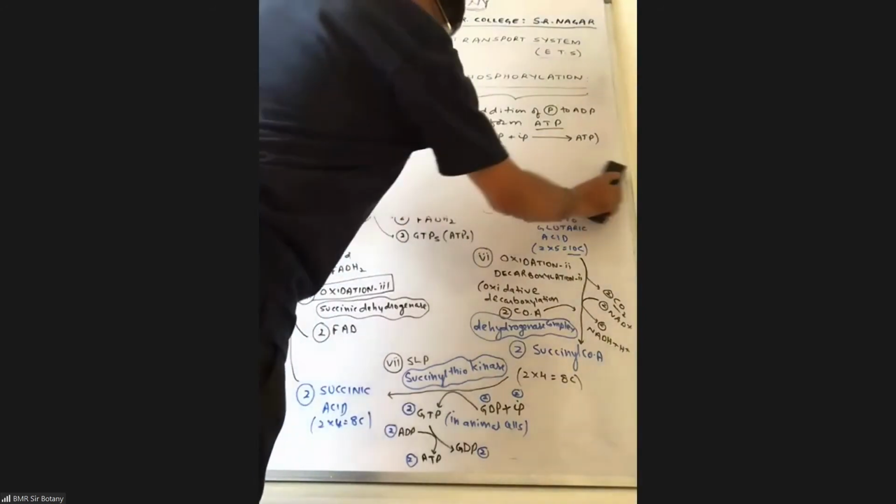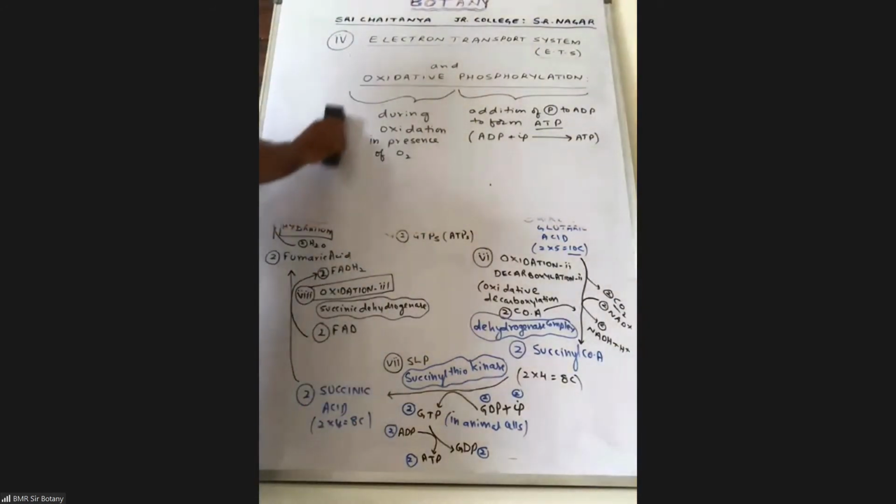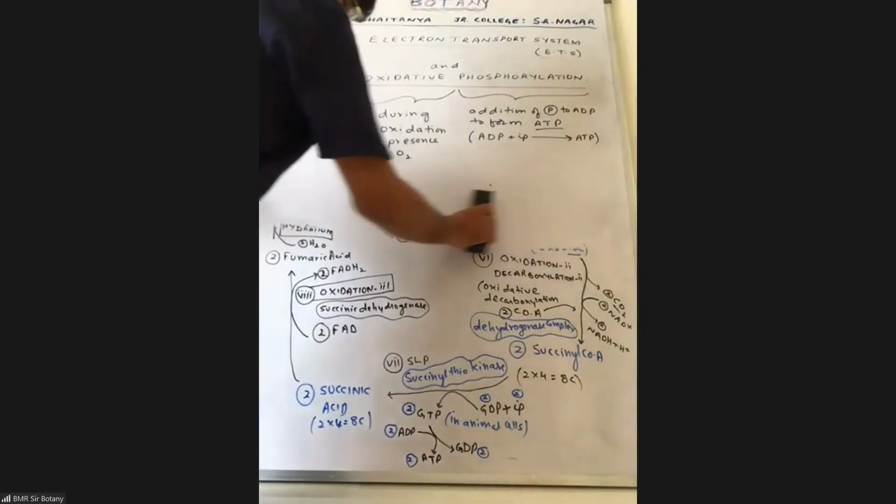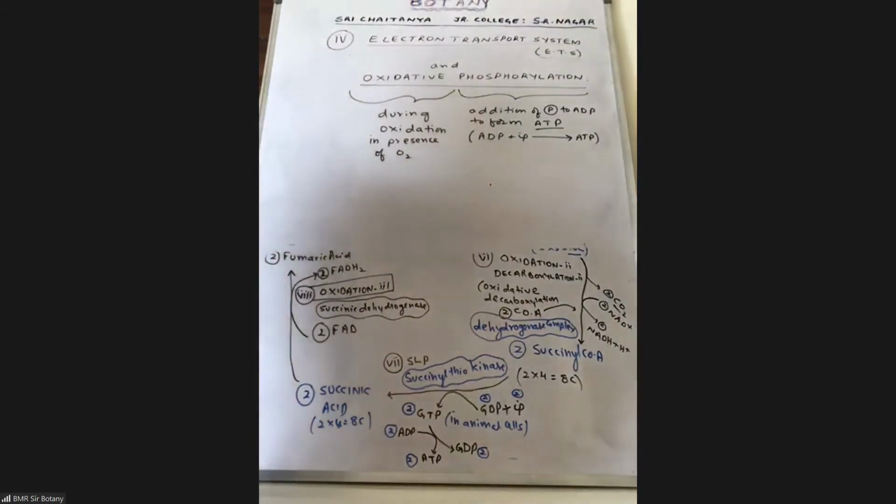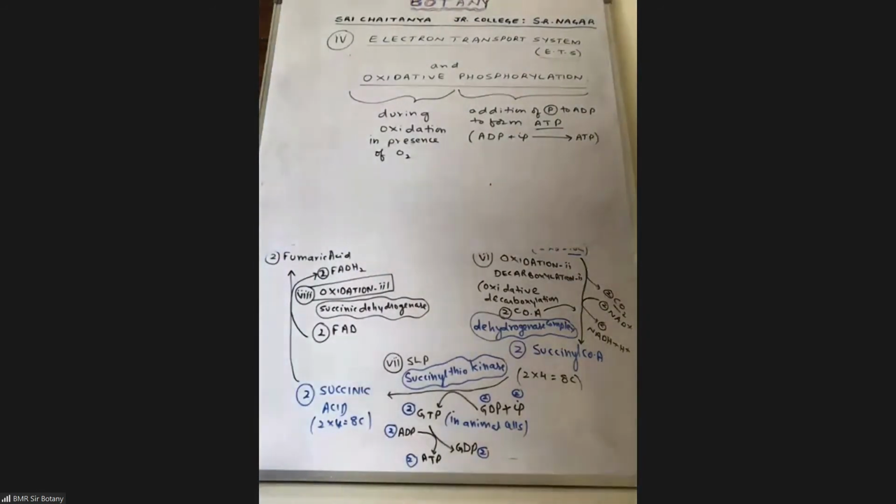And as of now, you didn't come across as to where exactly oxygen is used. We said from glucose to this, we were talking it is aerobic respiration which uses oxygen. But you didn't come across till now where oxygen is used. Oxygen is used at the end of this process actually.